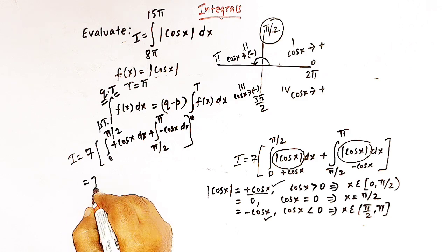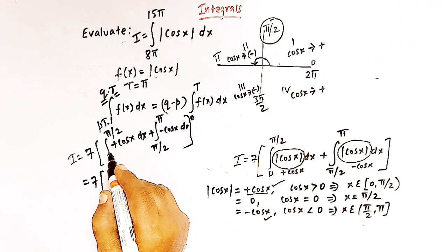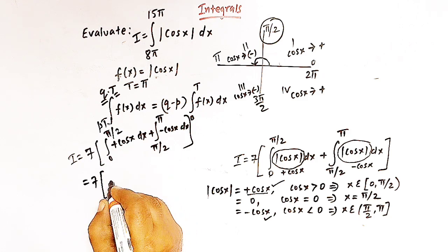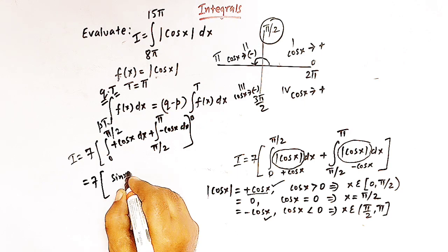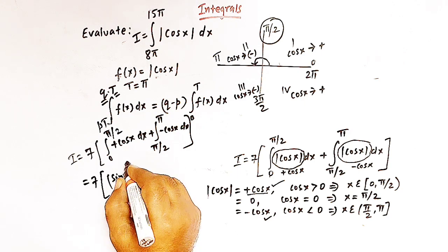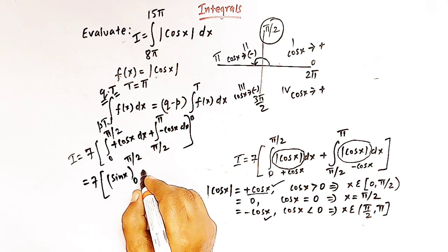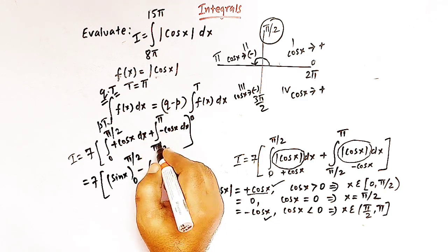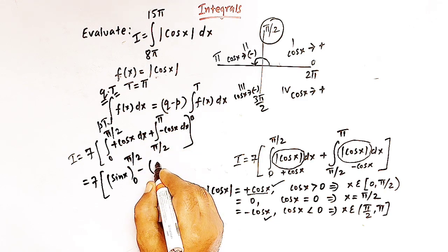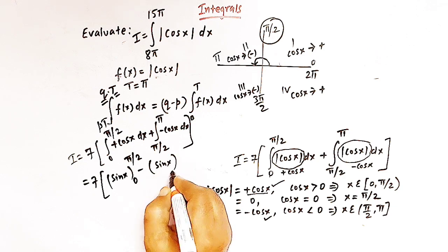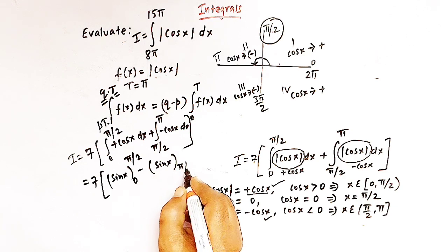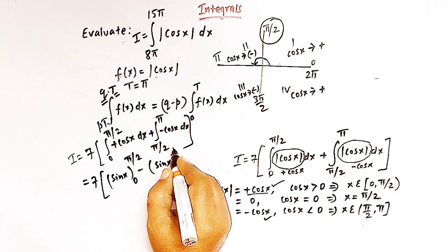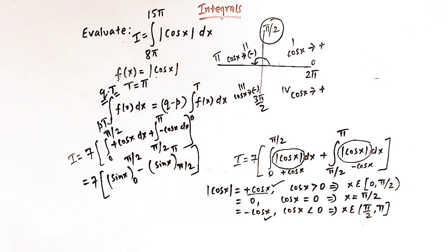So now we have two simple integrals here. The integral of cosine x is sine x, with limits from 0 to pi by 2. And then we have the negative sign. The integral of cosine x is simply sine x, with limits from pi by 2 to pi.